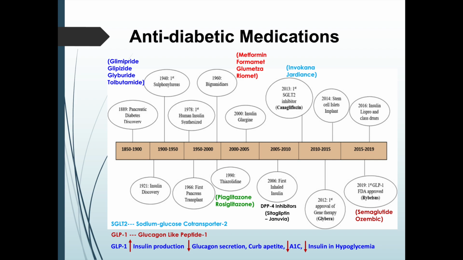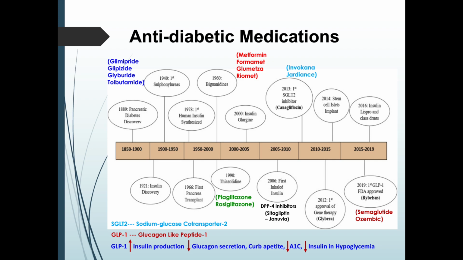First they started with insulin, then sulfonylureas, then thiazolidinediones and biguanides, and then SGLT2, the sodium glucose transporter inhibitors, and then sitagliptin and DPP4, the dipeptidyl peptidase inhibitors, and then stem cell, and now gene therapy and insulin-related drugs, again insulin, short and long acting.